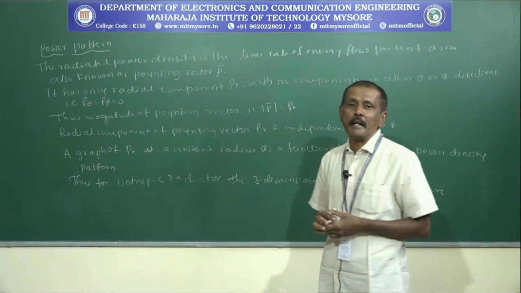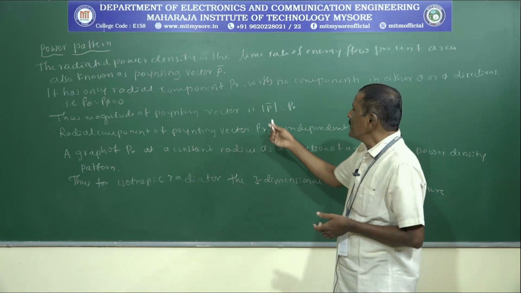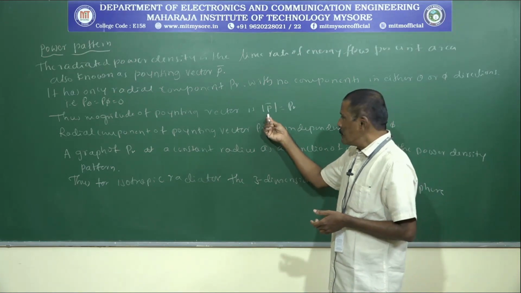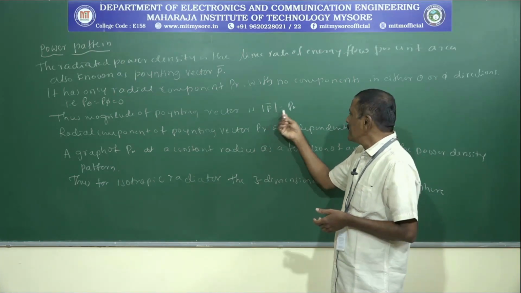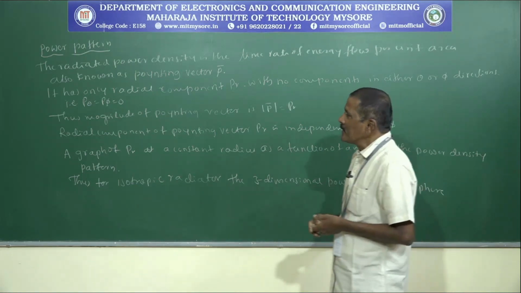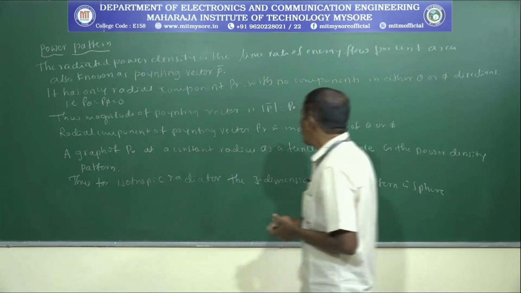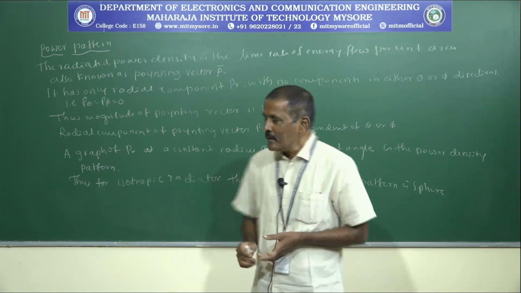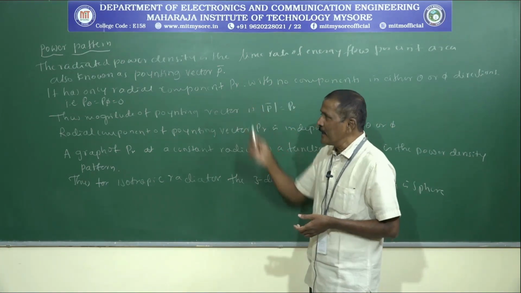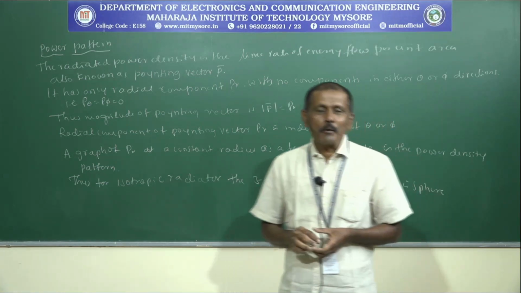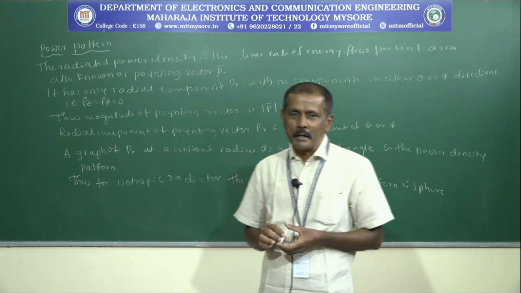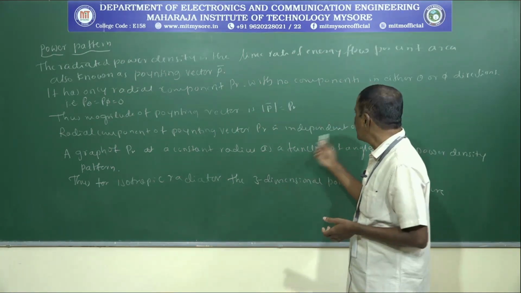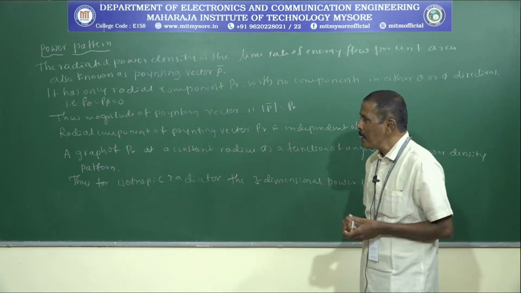The magnitude of the Poynting vector is represented by P_r. The radial component of the Poynting vector P_r is independent of theta and phi, as specified here.